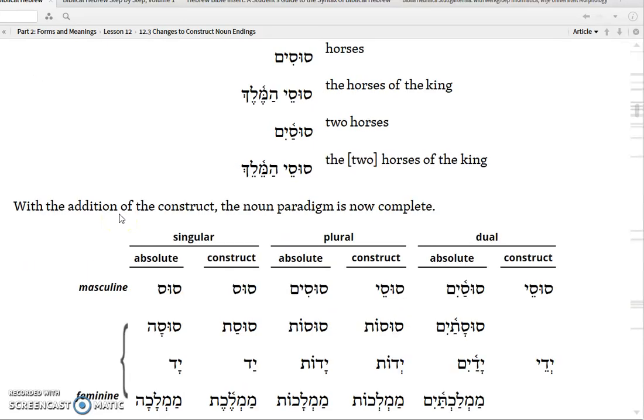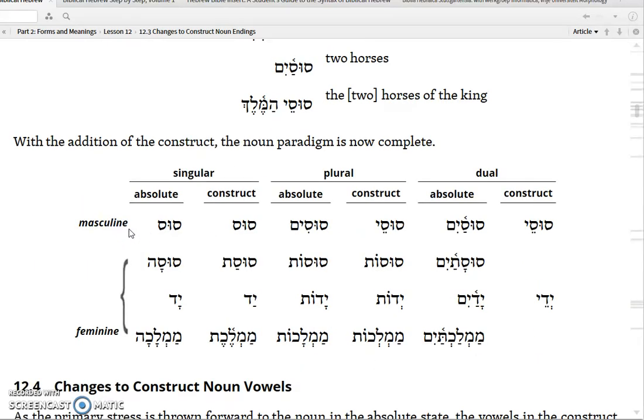Now, with addition of the construct, the noun paradigm is now complete. So when you talk about nouns, you can talk about the masculine form, but then also the construct form. So with the form sus, the masculine singular form, the absolute and the construct are the same.